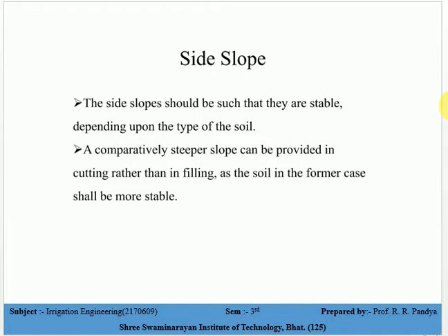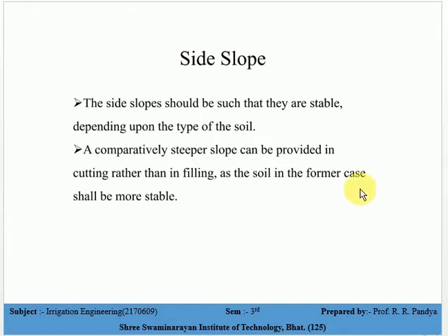Then a comparatively steeper slope can be provided in cutting rather than in filling, as the soil in the former case shall be more stable. So when you are going to provide a slope in cutting, it should be steeper than the filling.